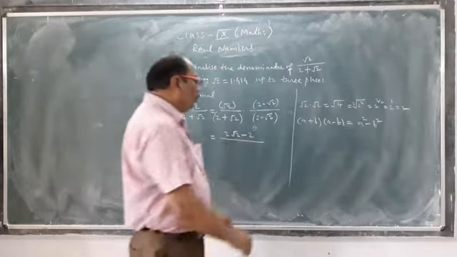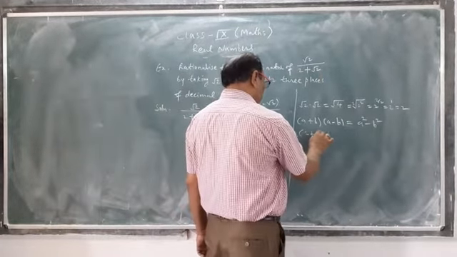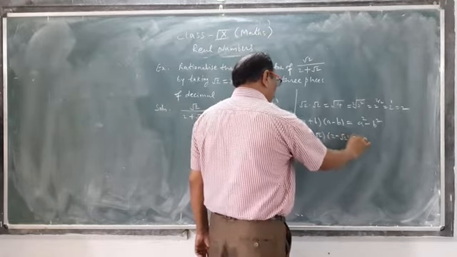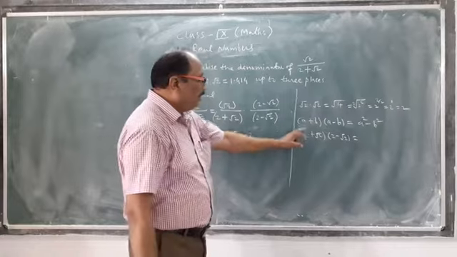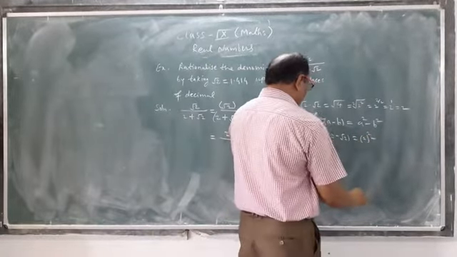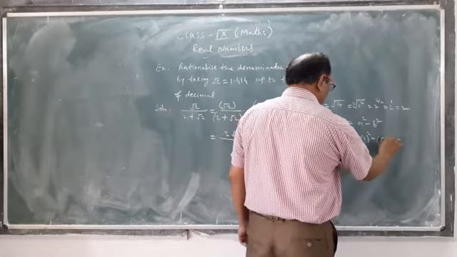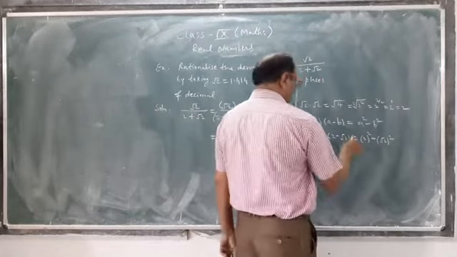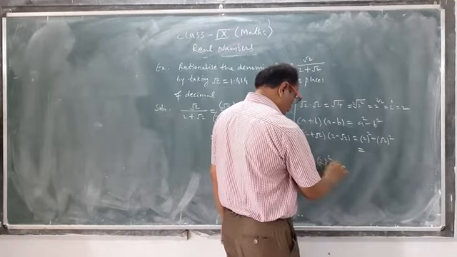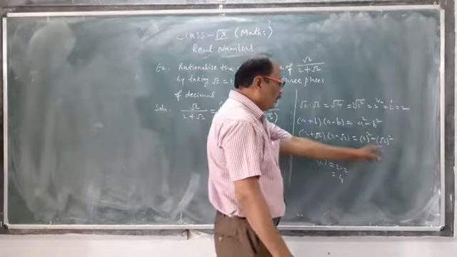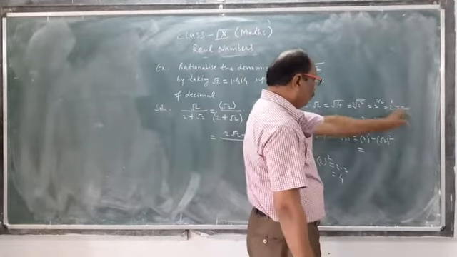Here the denominator is 2 plus root 2 into 2 minus root 2. What is a? It is 2. So a square minus b square. 2 square is 2 into 2, that is 4. Root 2 square is 2.